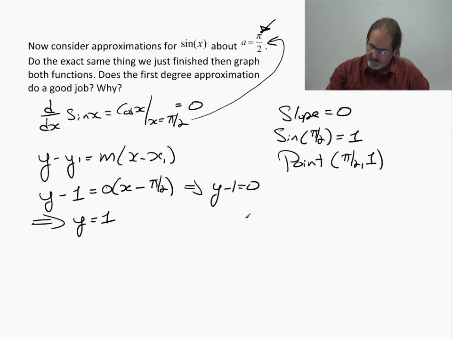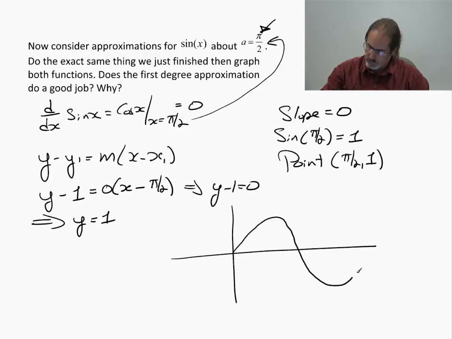So if I graph this to see what's going on here, that's sine of x, and over here is pi over 2. So I've matched my linear function at this point. My linear function goes through that point. It has a slope of 0, so the line is y equals 1.